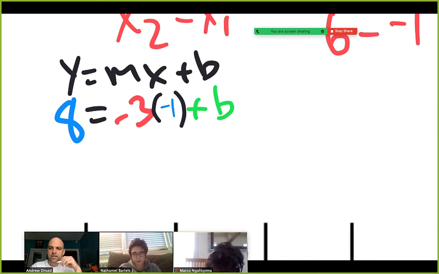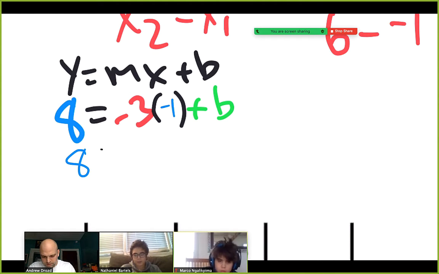A negative times a negative always is a positive, right? And 3 times 1 is 3. So I know we're going to have 8 equals 3 plus b. We've got to figure out what b is.